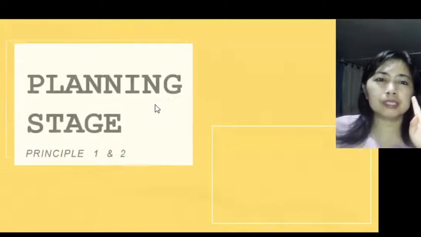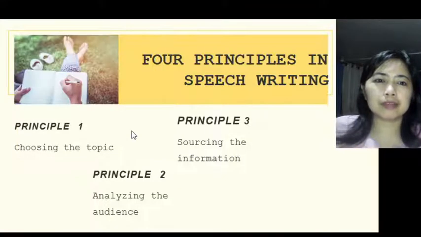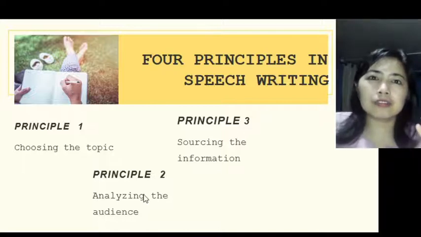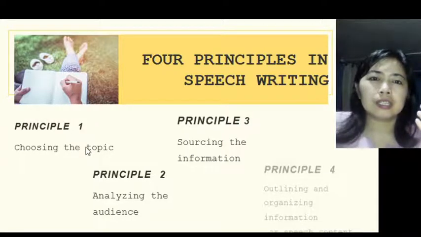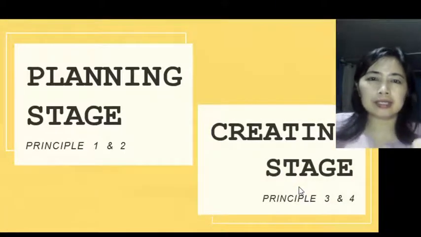Among those four principles, principle one and two are in the planning stage. So remember, choosing the topic and analyzing the audience are part of the planning stage. The last stage, we call the creating stage.